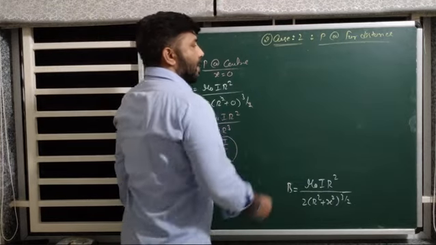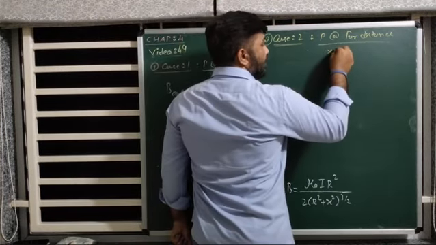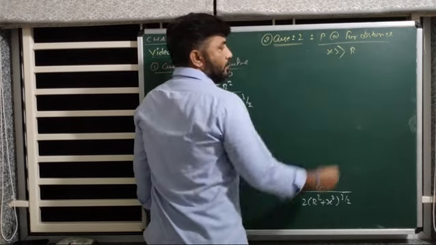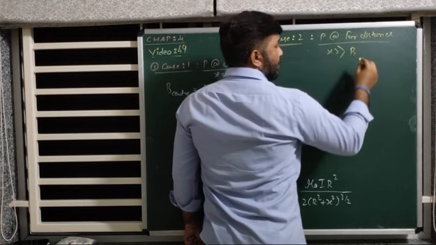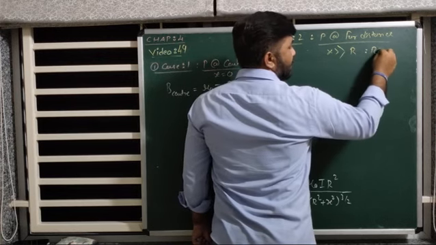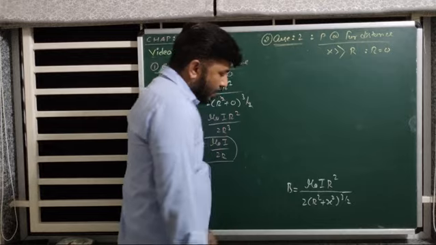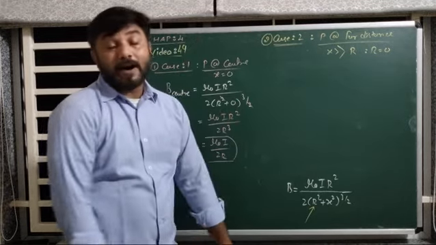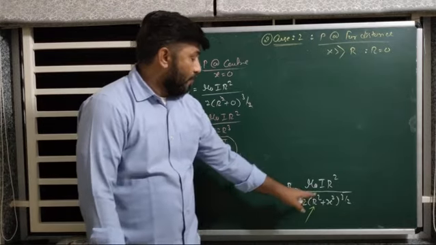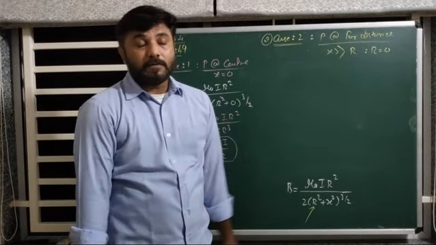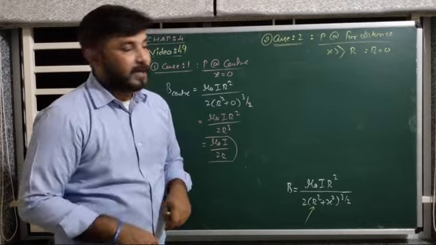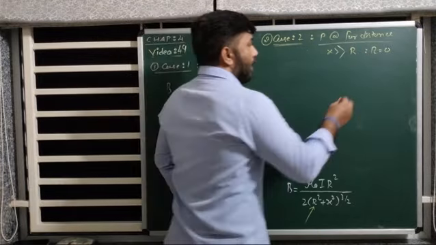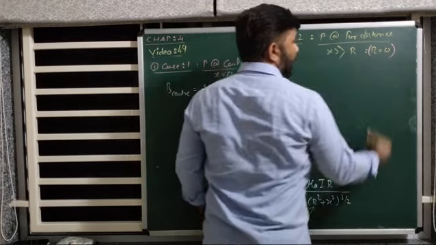Then in this condition the value of x becomes much more than r, and because of this reason you have to take r is equal to 0, but only in the bracket term. If you put 0 everywhere, then it will become 0. So it is not a way. Clear? So you have to put r is equal to 0 in the bracket term only.